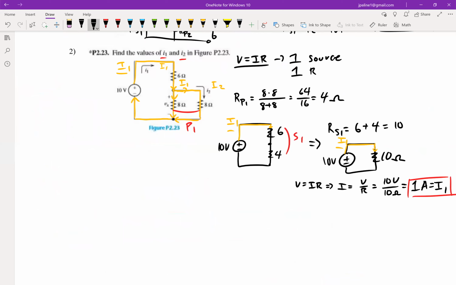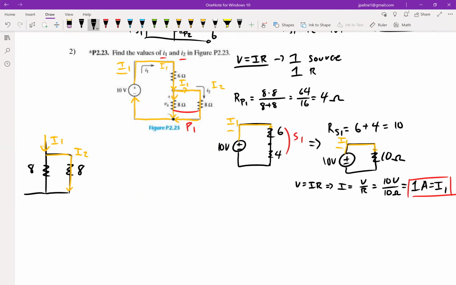So if we do that, I'm going to draw just this. This is 8, and this is 8. And then this is I1, and this will be I2.